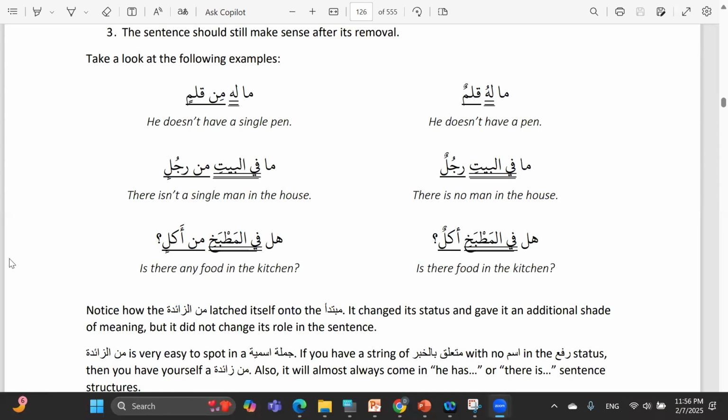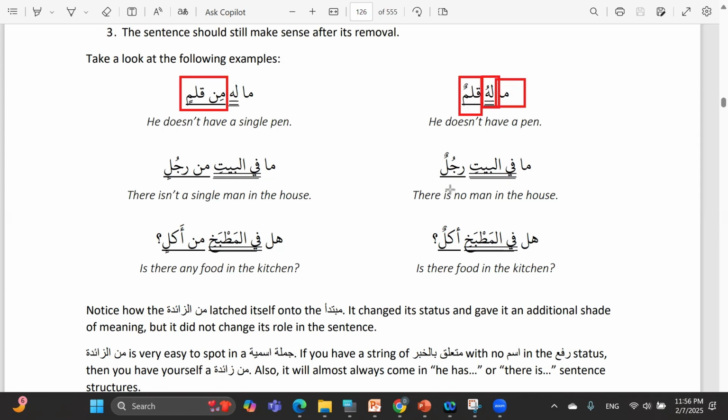Grammatically, you can see that there is ma nafia, then a jar majroor, and then the mubtada muakhar. The jar majroor is mutaliq bil khabar muqaddam. And where does this min zaida attach? Min zaida attaches itself to the mubtada. Ma lahu min qalamin. Min qalamin would be mubtada, and it will be fi mahalli rafin, because mubtada is always rafa.